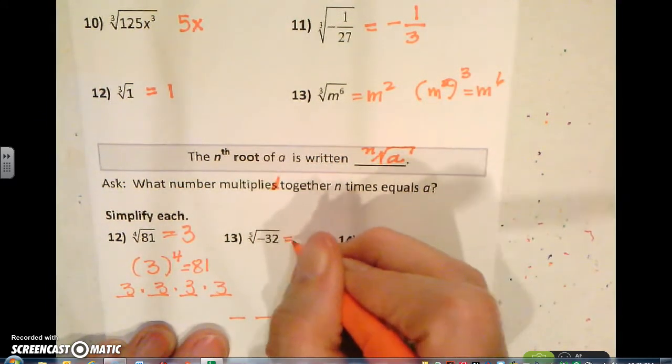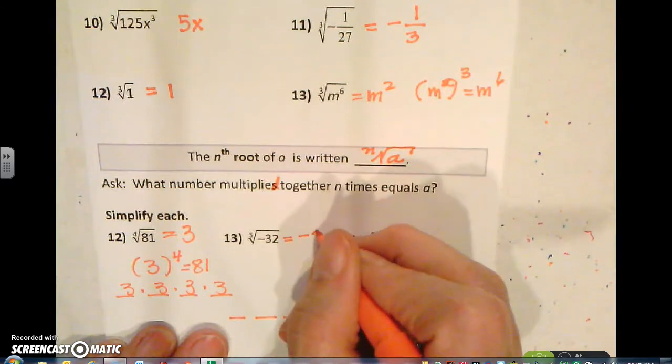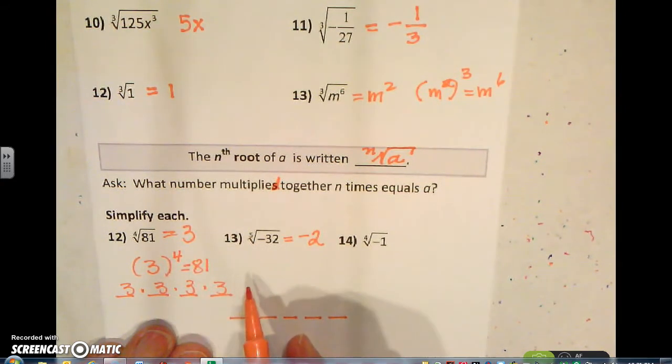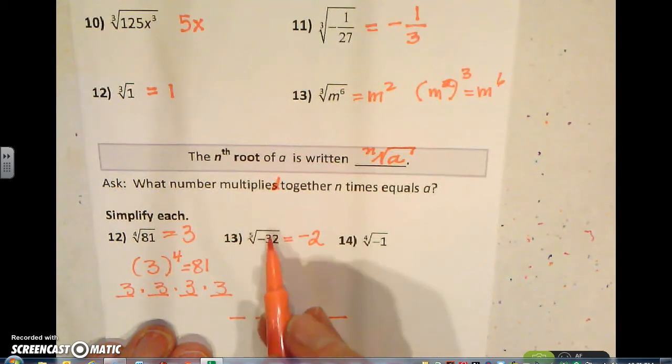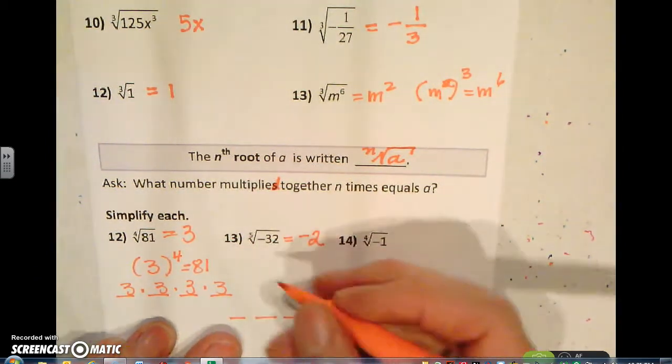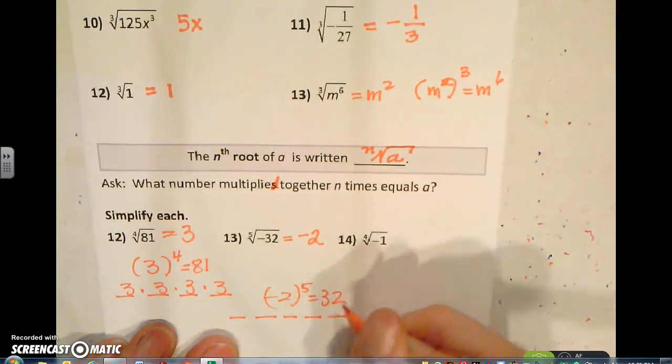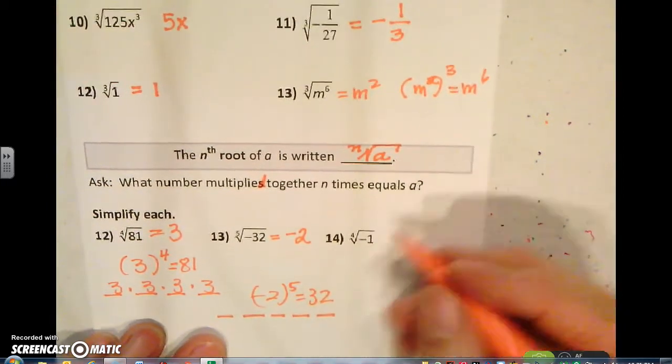So my answer is going to be negative, and that answer is going to be 2. If I do 2 times 2 is 4, 4 times 2 is 8, 8 times 2 is 16, and one more, 16 times 2 gives me 32, so -2 to the fifth power is -32. So this answer is -2.